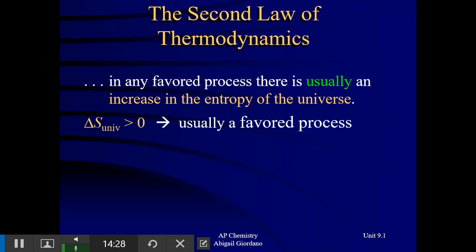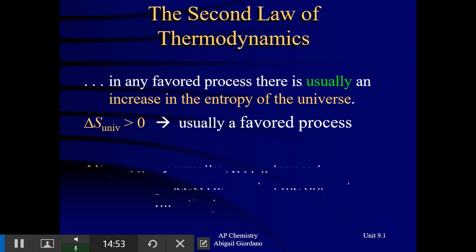If the delta S of the particular process you're looking at is positive, okay, now let's stop there. A positive delta S, what does that mean? The process is becoming more disordered.